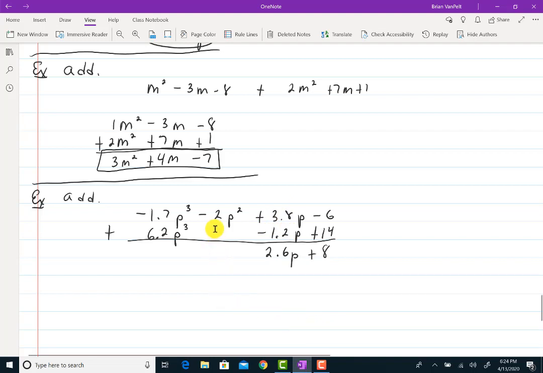There's nothing in this gap, it's like a 0, so I'll just bring down the negative 2p squared. This was a positive 2.6, so let me put a plus there. And then finally, negative 1.7 plus 6.2 is 4.5. And there you go.